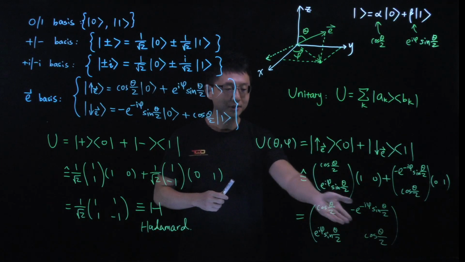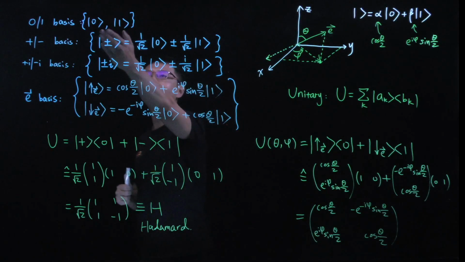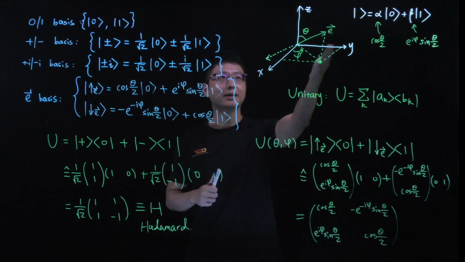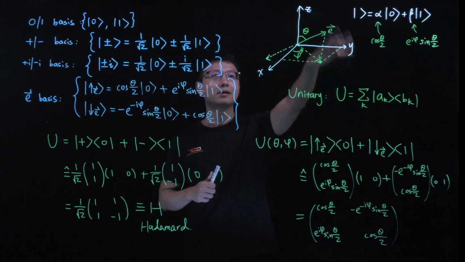So with the help of this unitary, we can go from the 0 and 1 basis to any arbitrary basis that is specified by the angles theta and phi in this Bloch sphere picture.